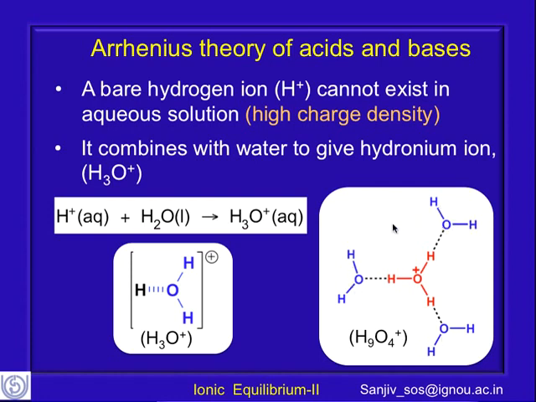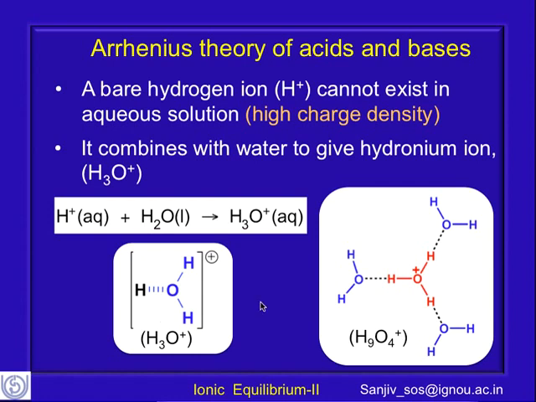They all combine together to make a large ion, not a molecule, having the formula H9O4 plus. This has been established spectroscopically, which means this species does exist in aqueous solutions. But for all practical purposes, we use H3O plus as the way a proton exists in water.